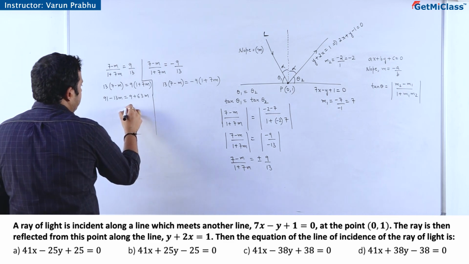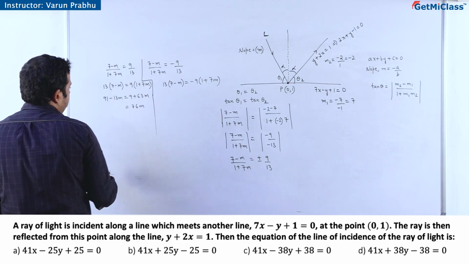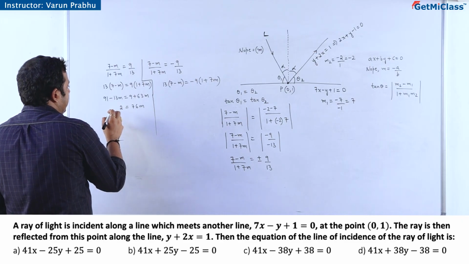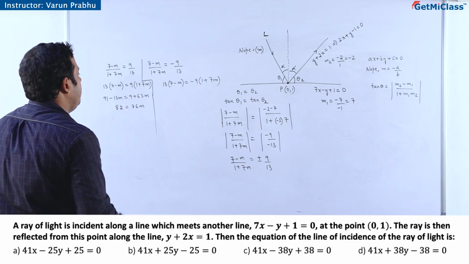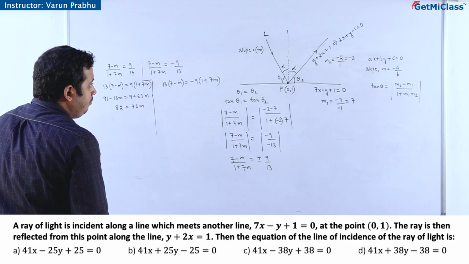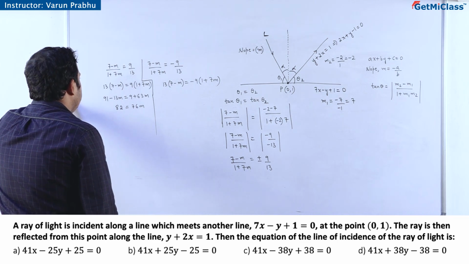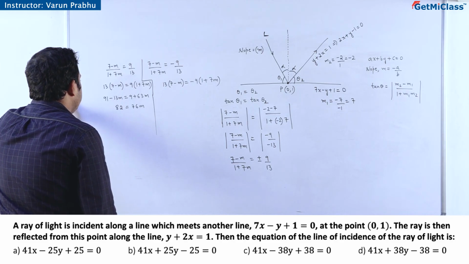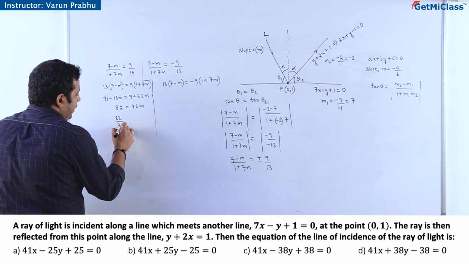So 91 minus 9, that is equal to 76m plus 13m.